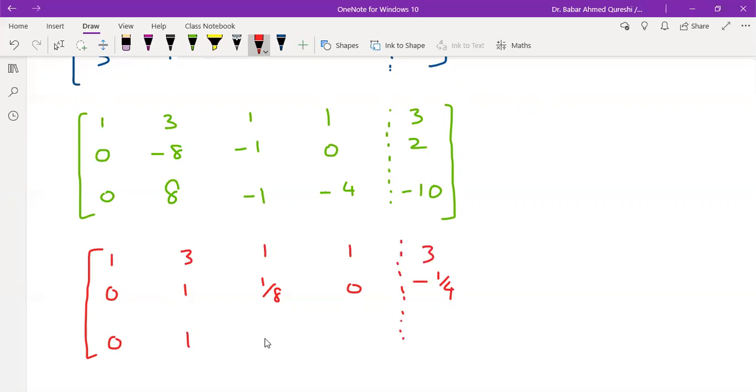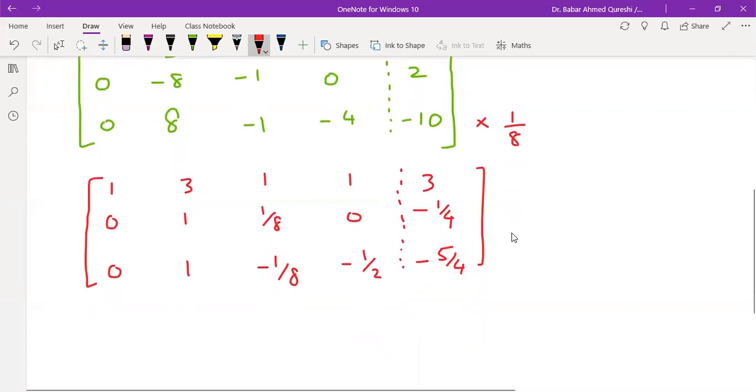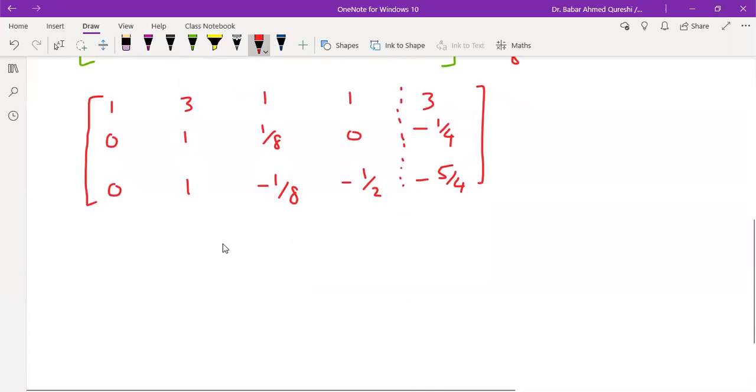So 1, minus 1 by 8 and minus 1 by 2 and minus 5 by 4. This I got by multiplying this by 1 over 8. I could have added this line to this first and then divided, but I just went the other way. Now I just multiply this line by minus 1 and add it to this.